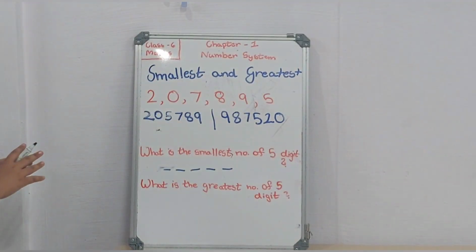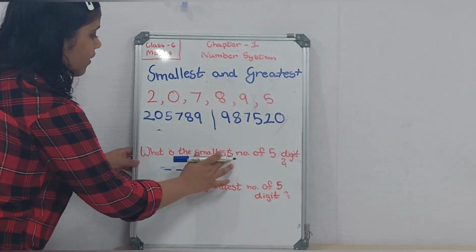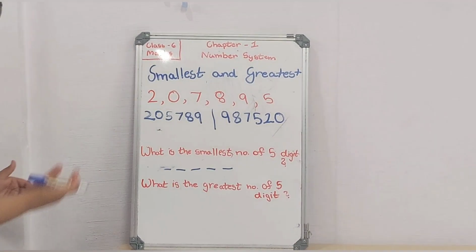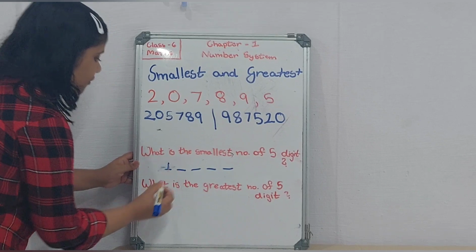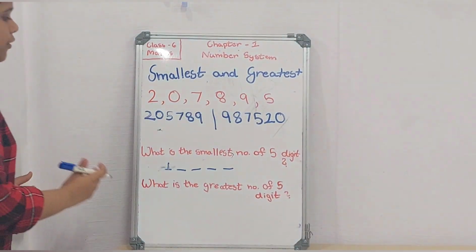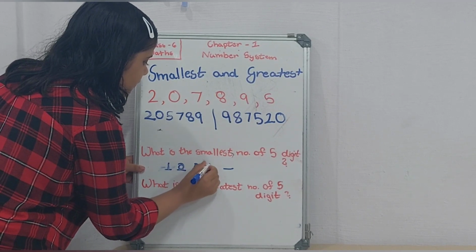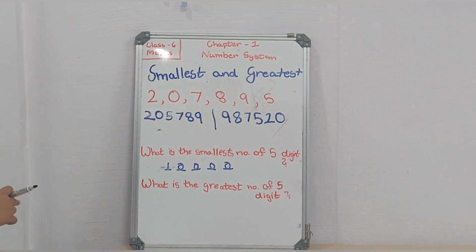Now, whenever you are writing the smallest number of 5 digits, you are going to write 1 at the extreme left. Then you are going to place 4 zeros. Okay, I hope you got it.